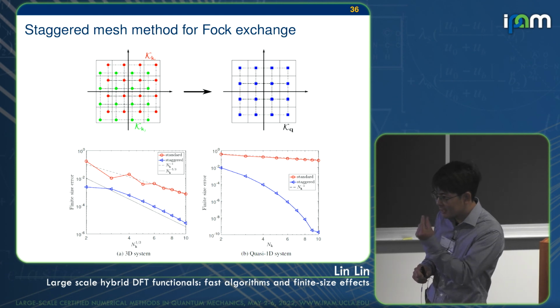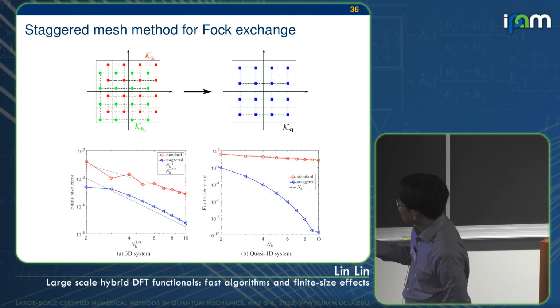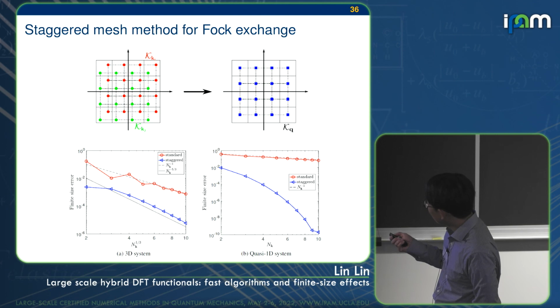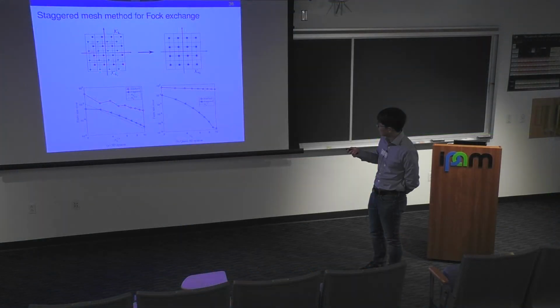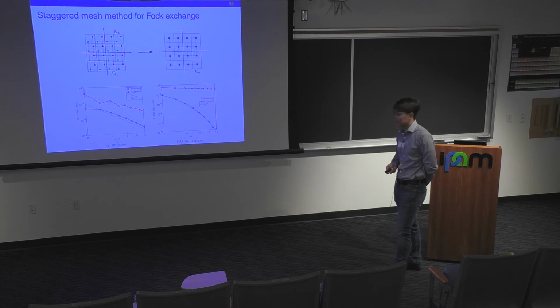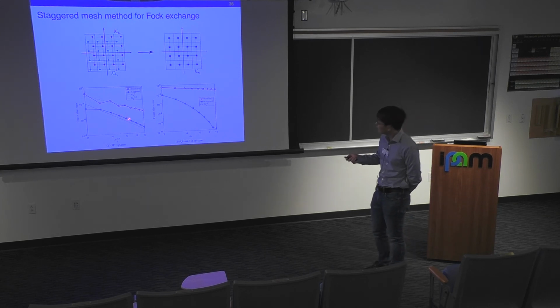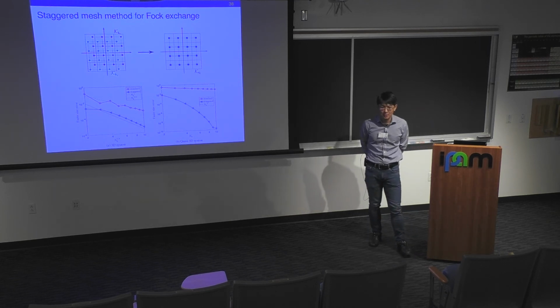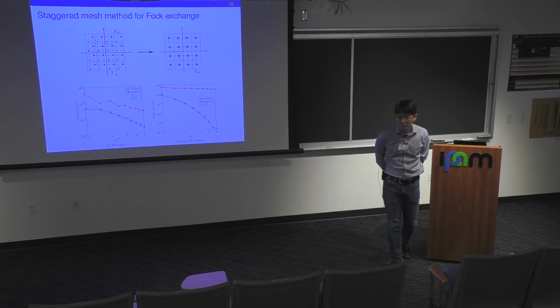And if you shift it exactly by half, then the Q grid will be away from 0, and you can show theoretically the convergence rate should be faster. This is exactly what you observe. For 3D systems with the staggered mesh, it converges like nk to the minus 5/3, which is better than nk to the minus 1. For 1D, you get a super algebraic convergence. Whether this is a useful scheme in practice, we don't know, but at least it shows the analysis works.